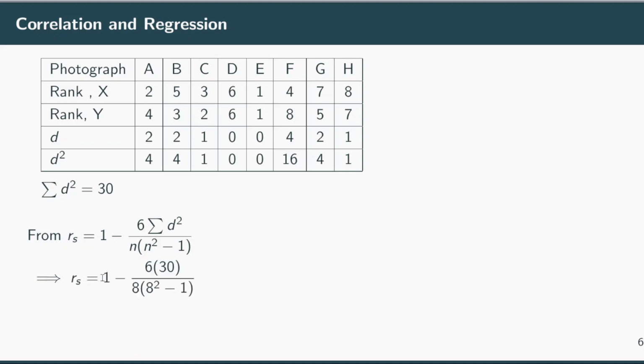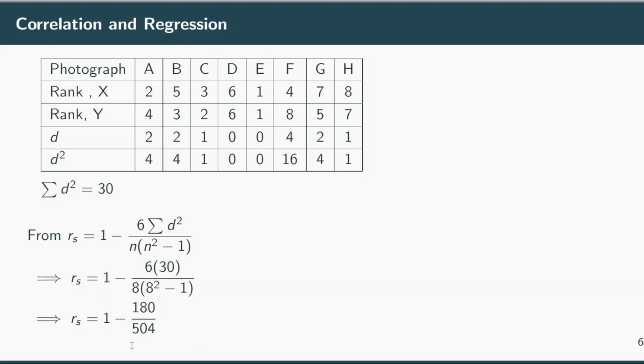Now, when I plug in the values, of course, I'll have 1 minus 6 times 30 divided by 8 times 8 squared minus 1, because there were altogether 8 passport-size photographs. When I evaluate the denominator, I have 8 squared, 64 minus 1, 63 times 8. That gives me 504. So we're having 1 minus 180 divided by 504.